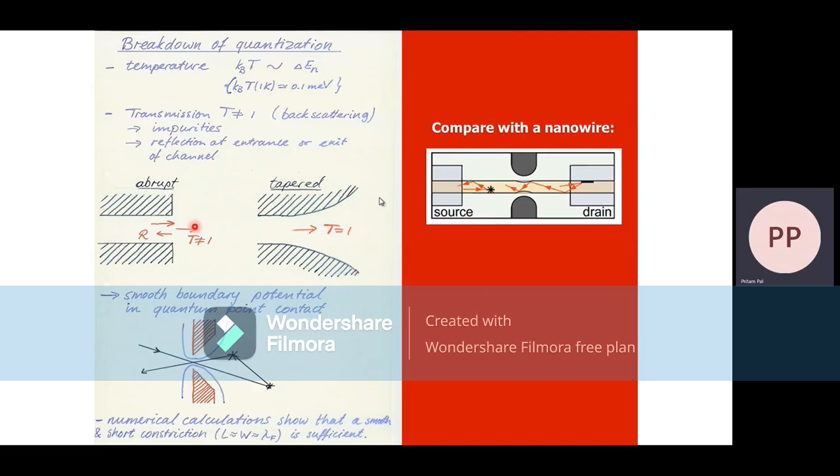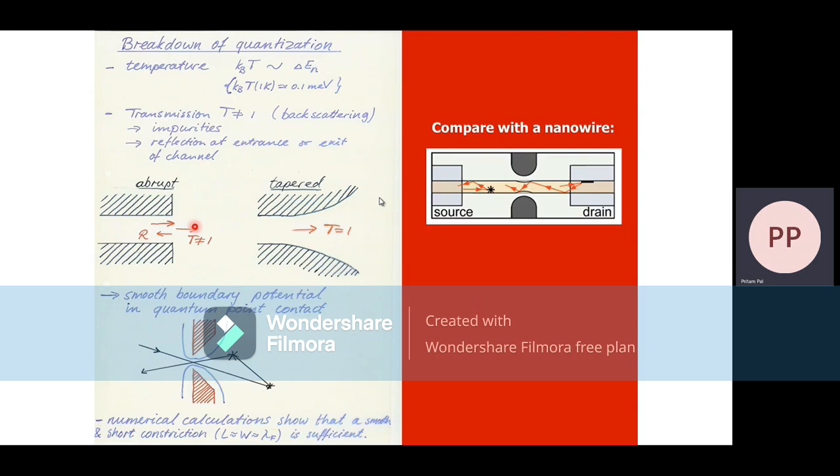So this kind of disorder and backscattering will destroy the conductance quantization, right? And the situation is especially severe if you are not dealing with a two-dimensional electron gas.